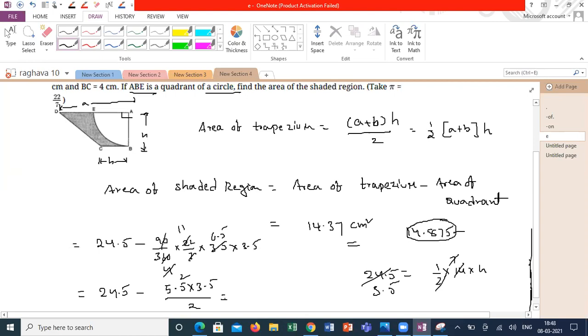Two different values I got, which is more accurate? I am also getting 14.875. Or you can round it off to 14.87 or 14.88.